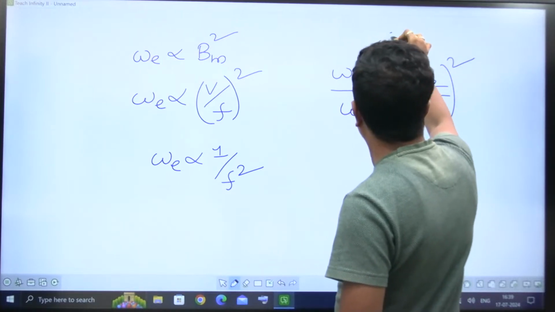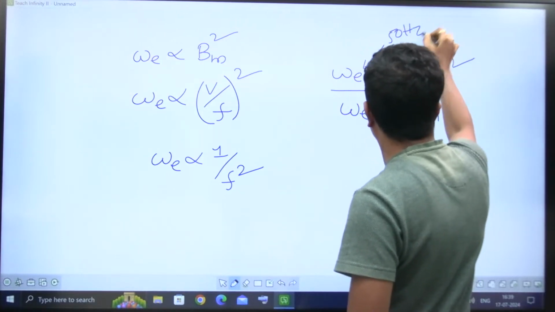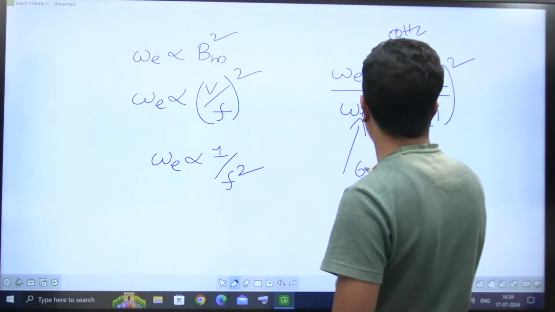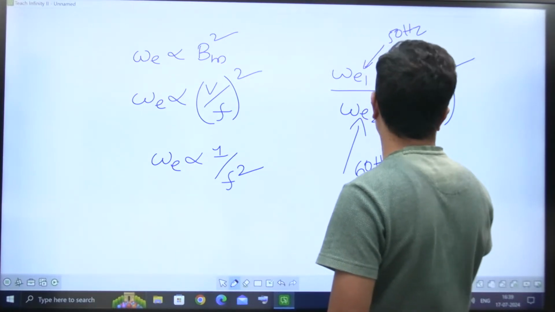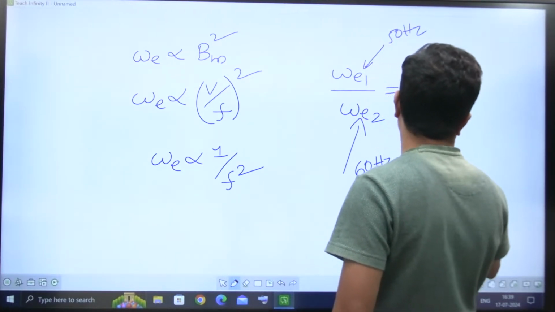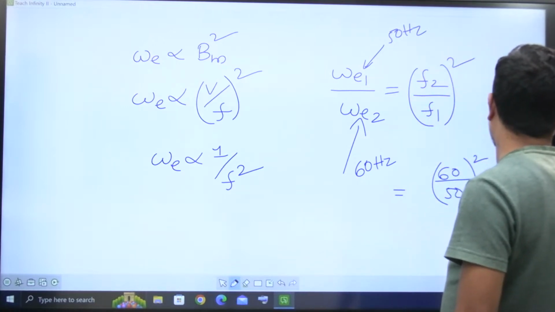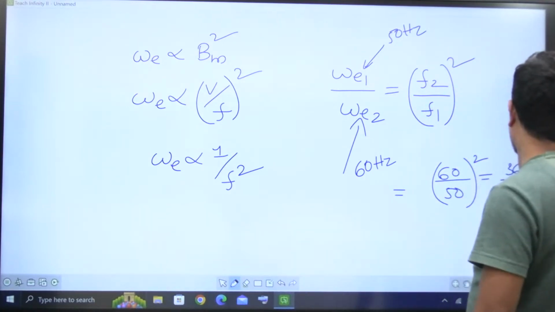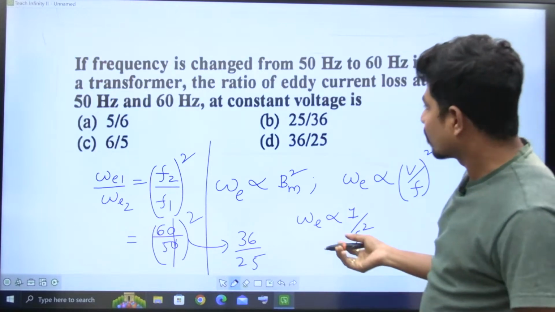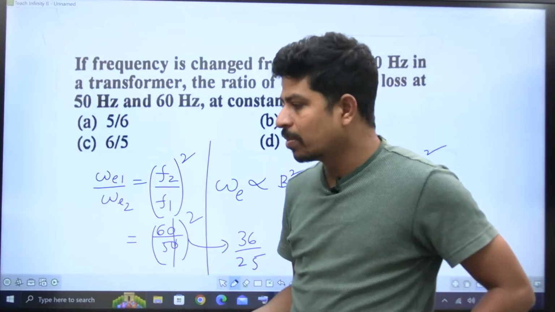WE1 is the eddy current loss at 50 Hz, WE2 is the eddy current loss at 60 Hz. So we got (60 by 50) whole square, that is equal to 36 by 25. This kind of small mistakes you people will commit.